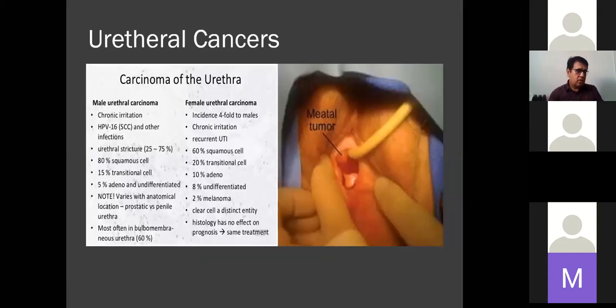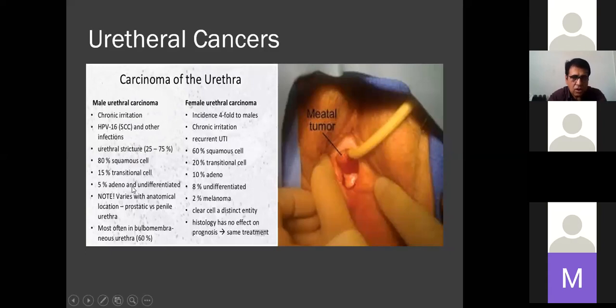Okay, the last thing, which is not very common, is urethral cancer, which is very rarely seen in adults. Usually it is associated with STIs, sexually transmitted infections, such as the human papillomavirus, which is a common sexually transmitted infection virus, and this can lead to urethral tumors. 80% of them are squamous cell tumors, and 15% of them are transitional cell tumors.